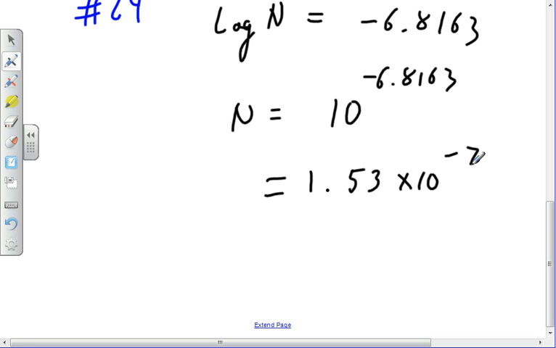So for all those who want to read this, I don't care. You could write that as 0.000000, is that enough? 1, 2, 3, 4, 5, 6, 1, 5, 3. You could do that. It just said 3 significant digits. It didn't say how.